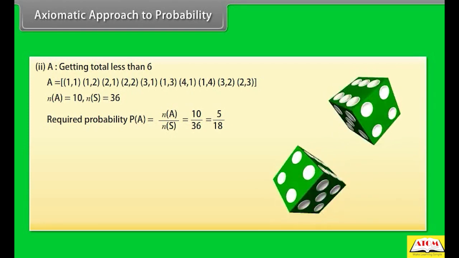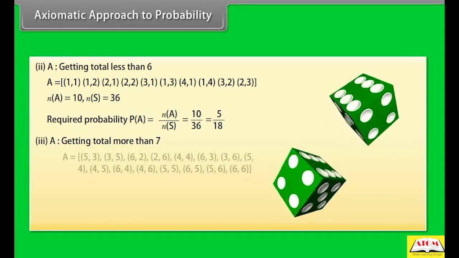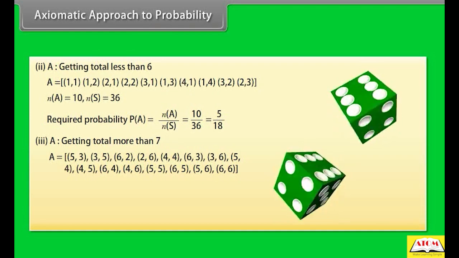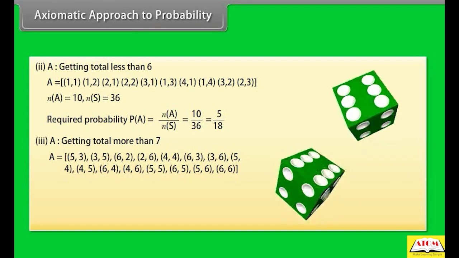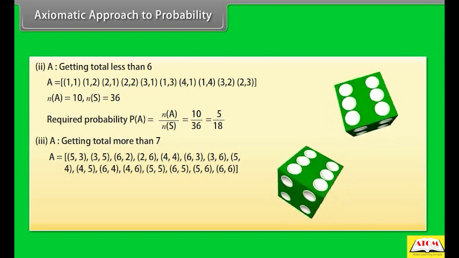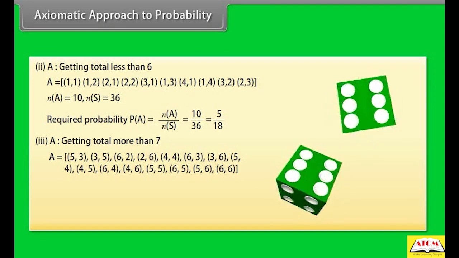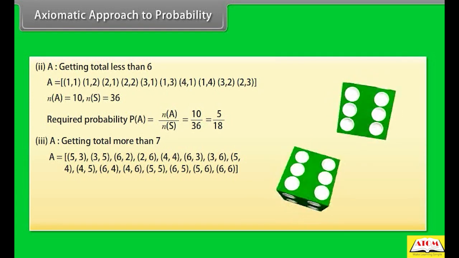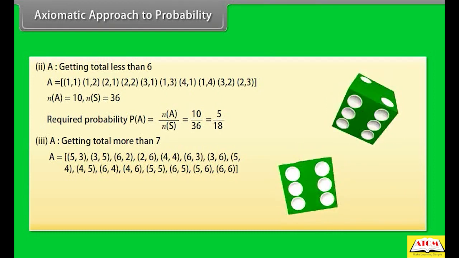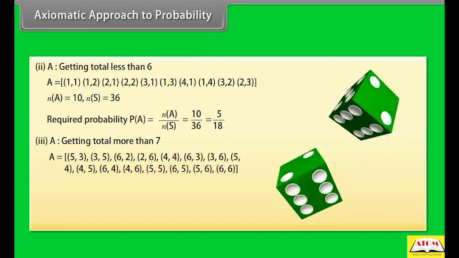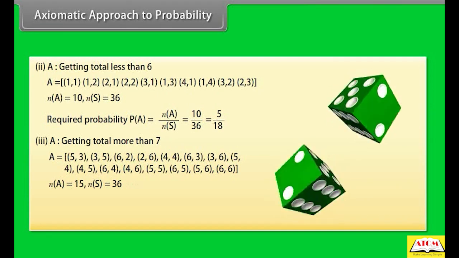3. A: getting total more than 7. A = {(5,3), (3,5), (6,2), (2,6), (4,4), (6,3), (3,6), (5,4), (4,5), (6,4), (4,6), (5,5), (6,5), (5,6), (6,6)}. n(A) = 15. n(S) = 36.